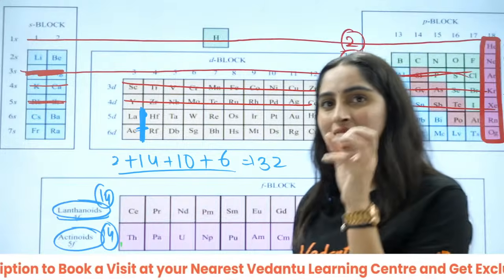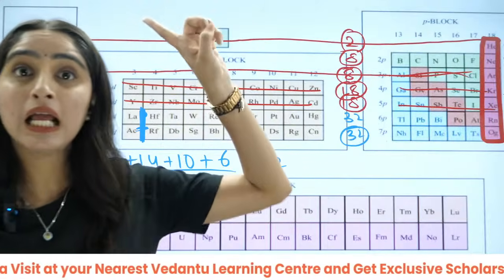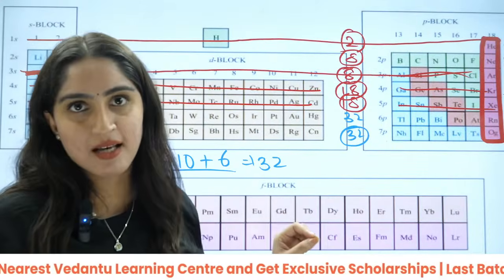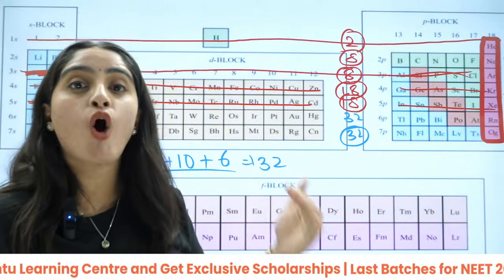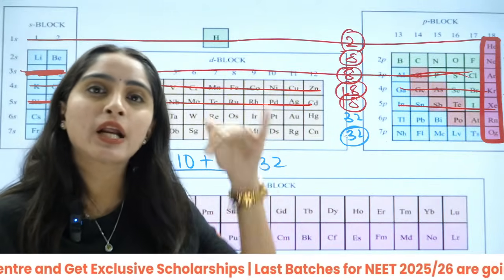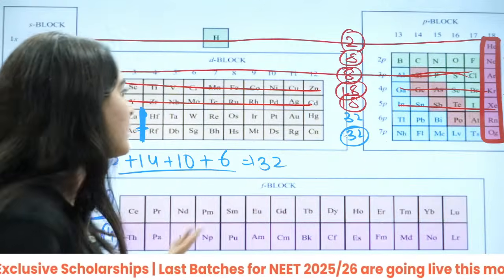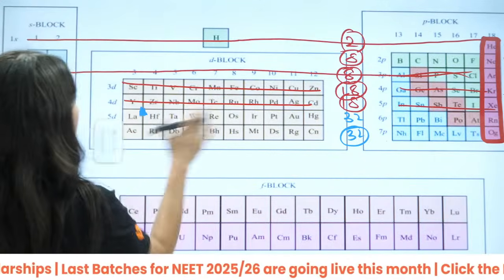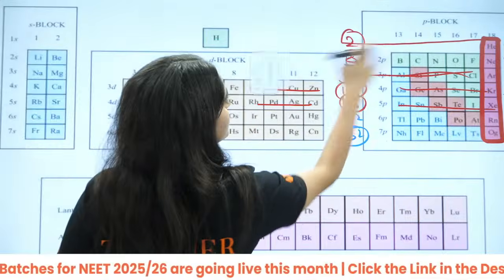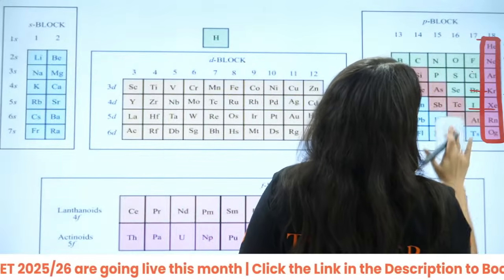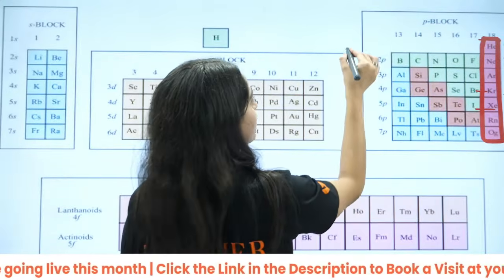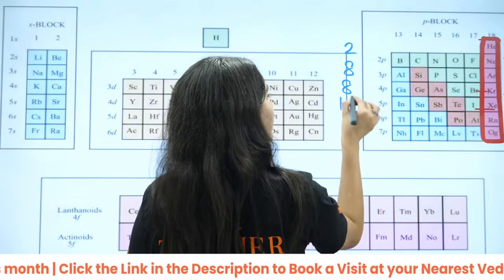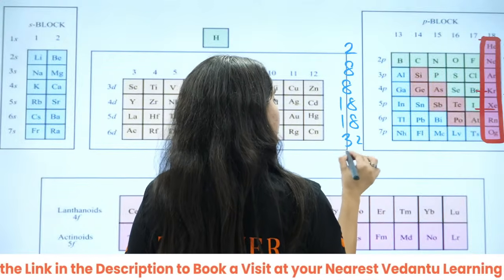So basically magic numbers are the number of elements in each period, 1 to 7, right? Is that clear to everybody? Now you tell me why they are called the magic numbers. 2, 8, 8, 18, 18, 32, 32.